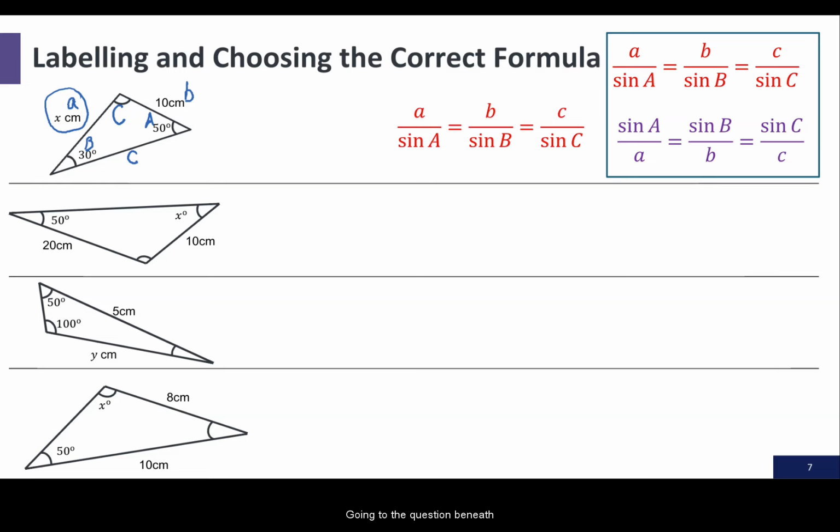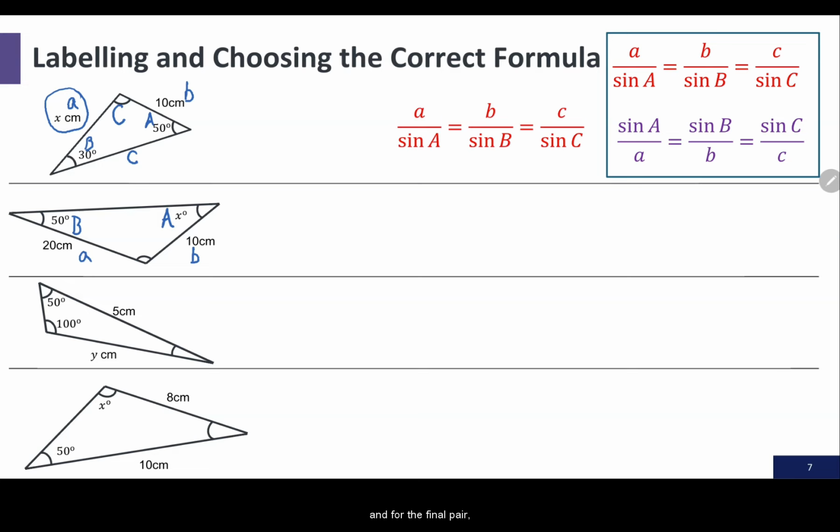Going to the question underneath. This time I'm trying to find an angle. So I'm going to label the angle capital A. Therefore the opposite side will be lowercase a. The 50-degree angle will be called capital B. The opposite side will be lowercase b.